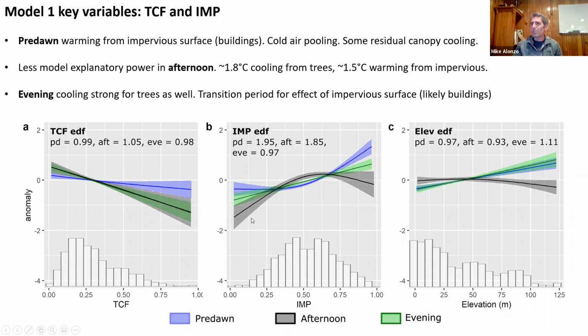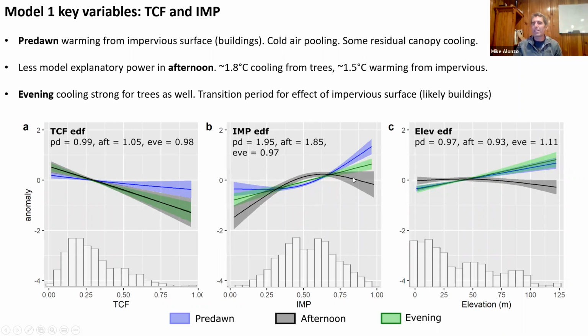Impervious surface was also important, of course. In the afternoon, for example, if you had more impervious, you have strong warming as you add impervious surface. And then it sort of tails off at the highest impervious values in the afternoon.